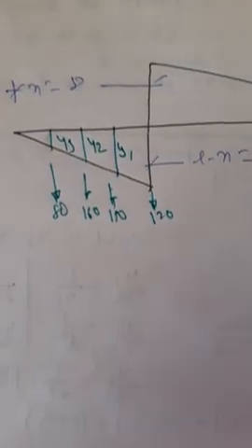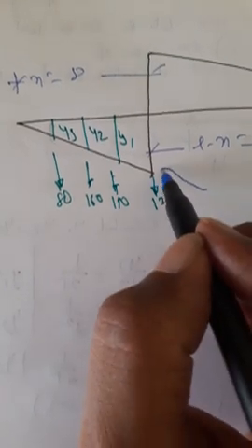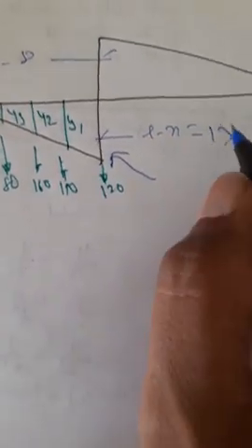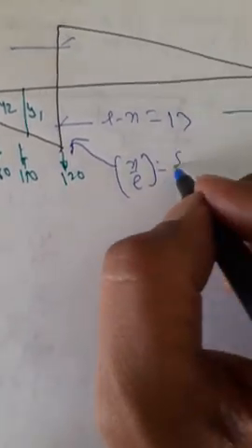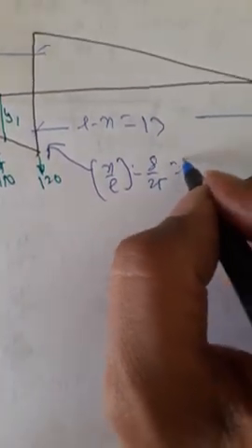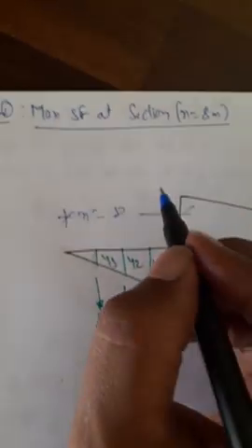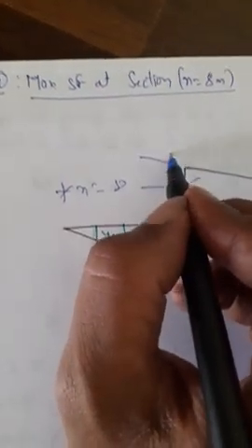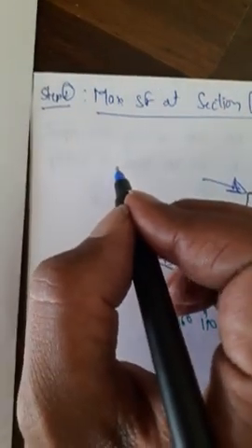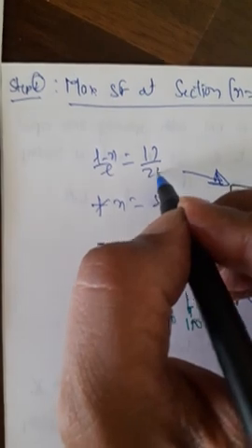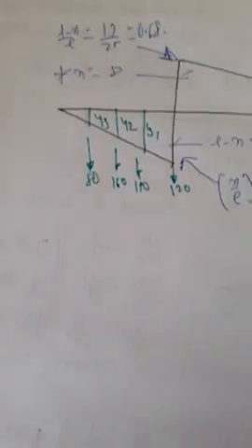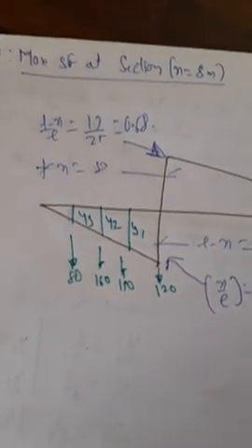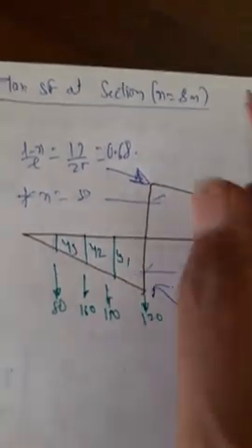Now before that let me calculate this ordinate, given by x by L. So x is 8, L is 25, that is 0.32. This ordinate is given by L minus x by L. So L minus x is 17 by 25, 0.68.